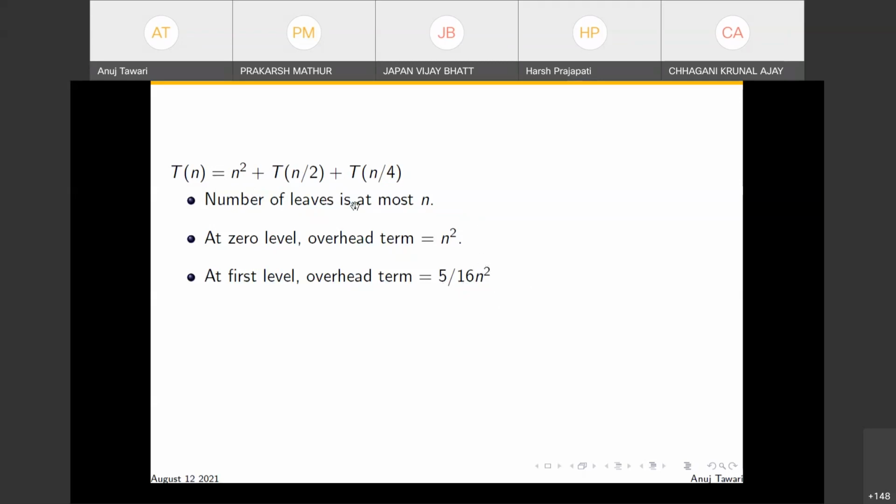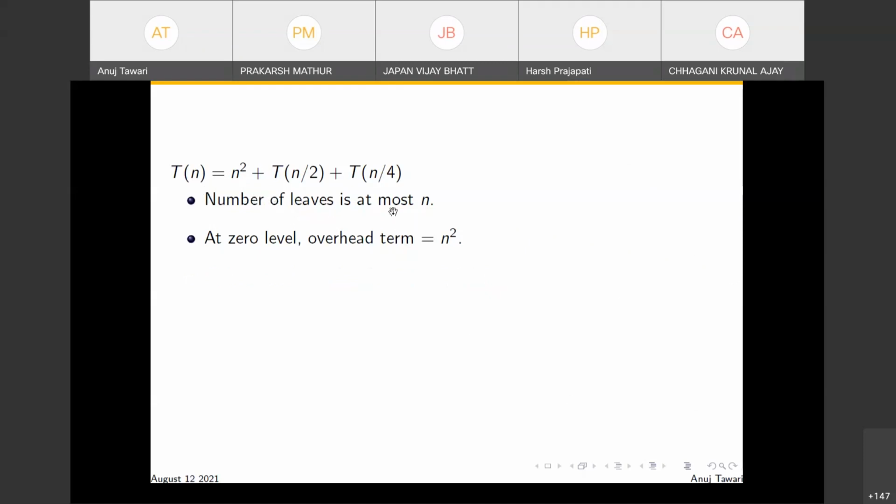Why is the number of leaves at most n? In this tree, we have this Tn at the top. Then we write Tn by 2, Tn by 4, and n square as the overhead term. And then you keep on expanding this tree. You use induction here.